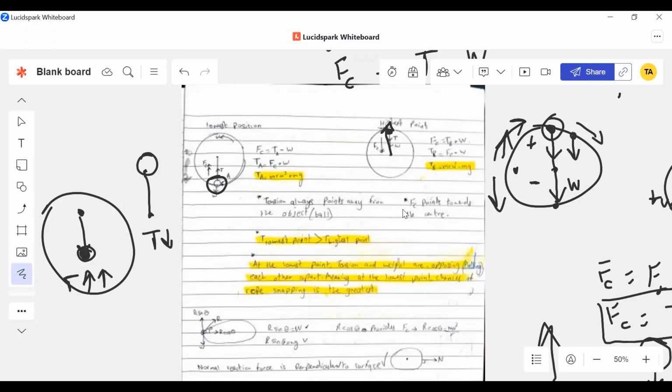So tension at the lowest point is much, much greater compared to the tension at the highest point.